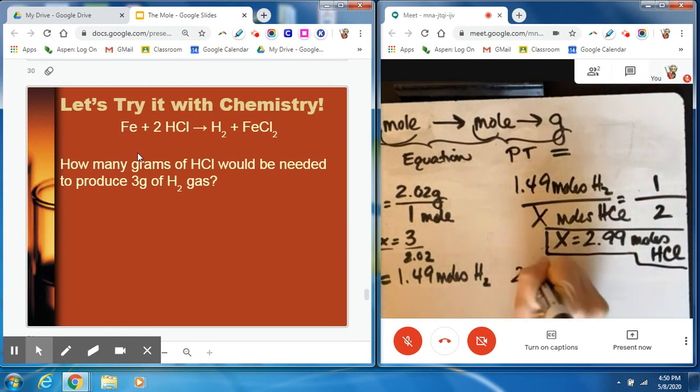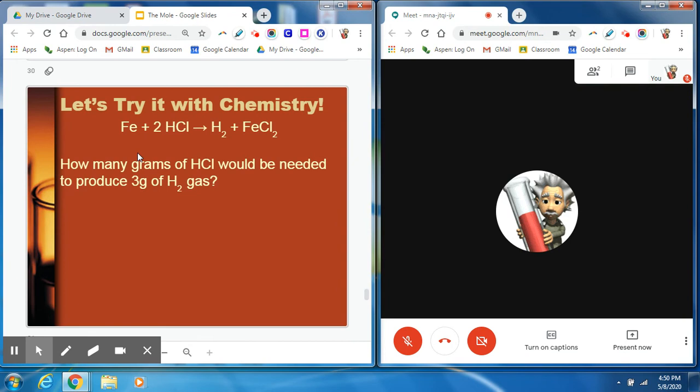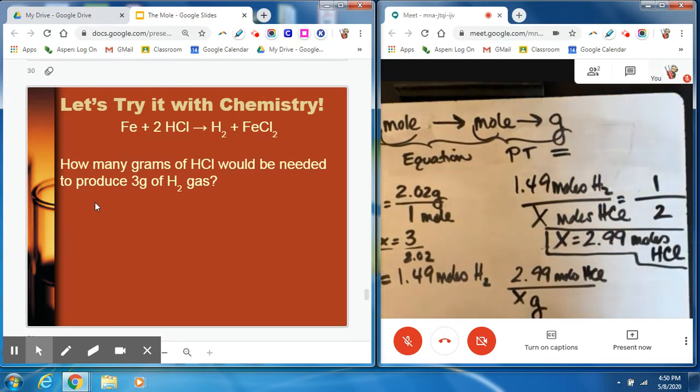So 2.99 moles of HCl, we don't know how many grams that is. But what we do know is that every 1 mole is equal to the molar mass of HCl.